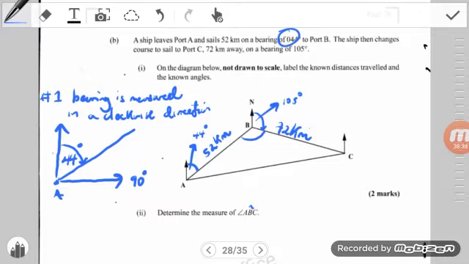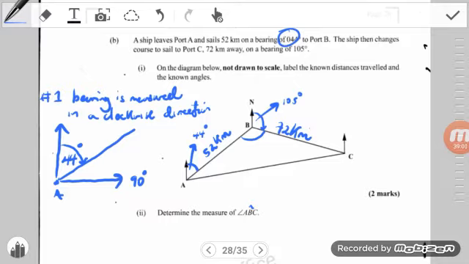Alright, and this is a very common thing that happens in questions like these, there are 2 things you need to look out for. Number 1, you need to know what the different angle directions are, like where does 90 lead you, where does 180 lead you, where does 270 lead you, and you also need to look out for the Z angle.